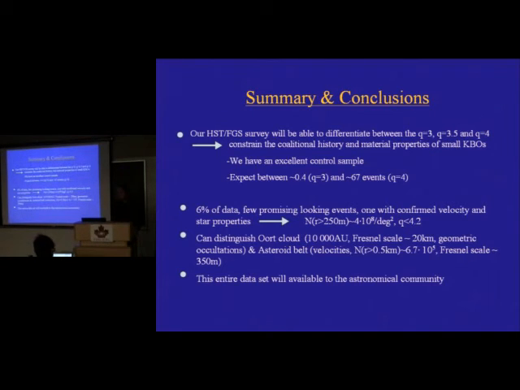And the second question: either capture or giant collision will produce inclined binaries. Will the inclination and eccentricity of highly inclined binaries evolve?